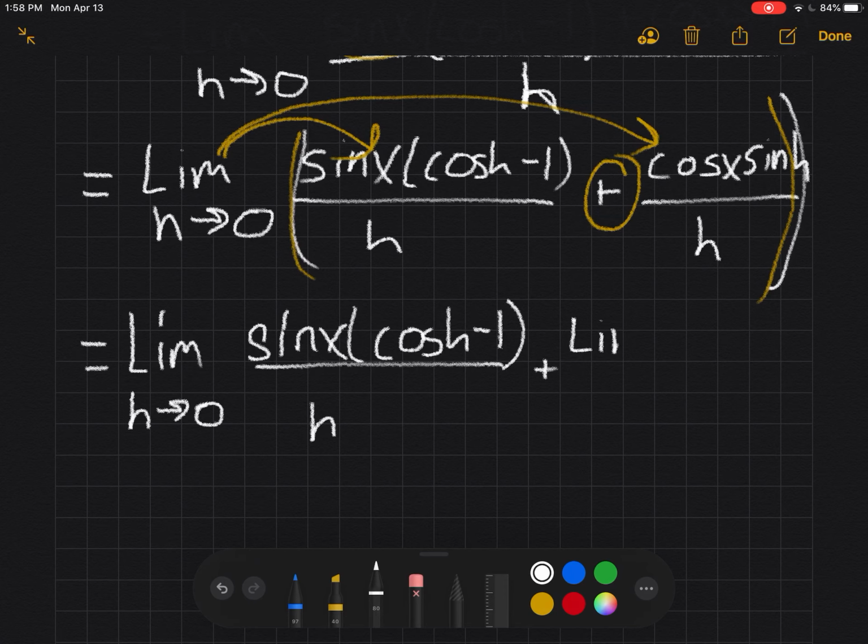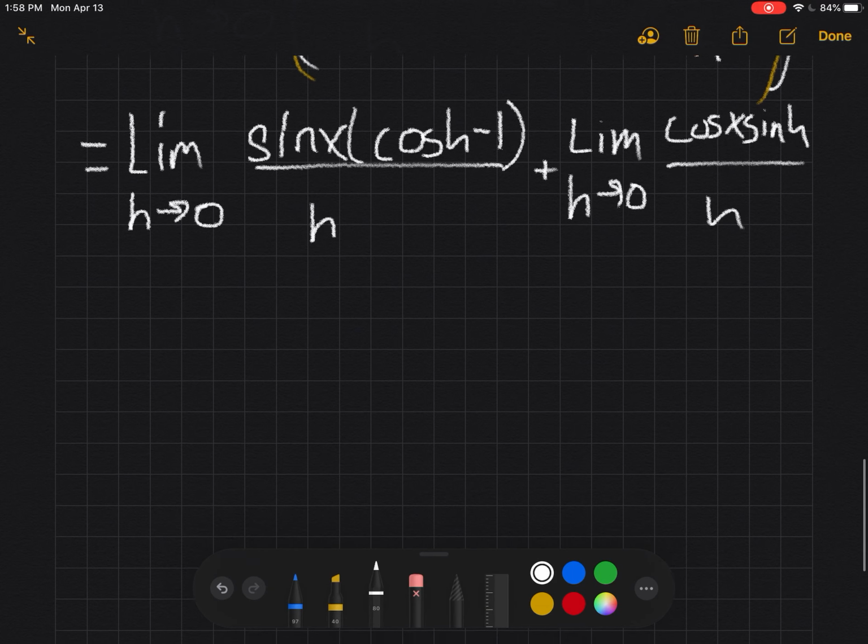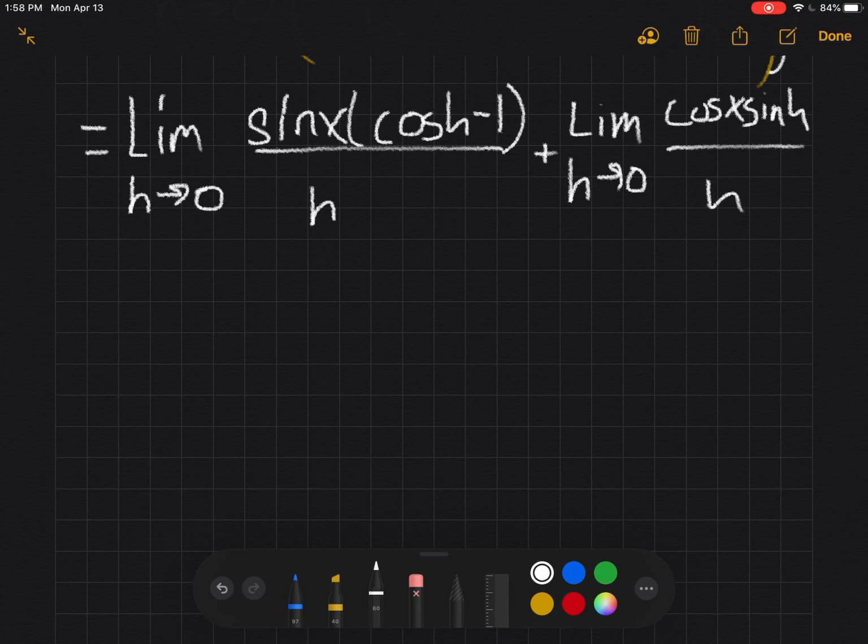So my first limit is the limit as h approaches 0 of sine x times cosine of h minus 1 all over h, plus the limit as h approaches 0 of the cosine of x times the sine of h all over h.